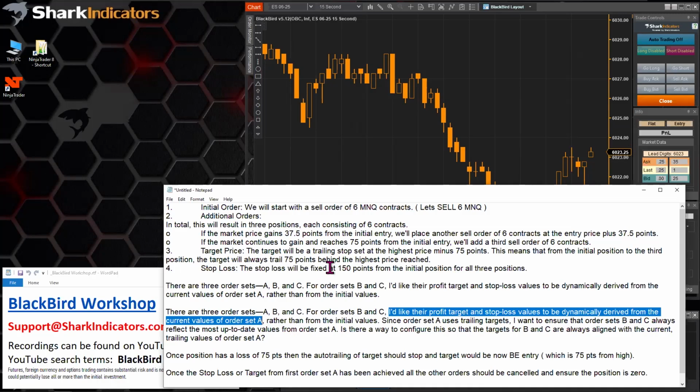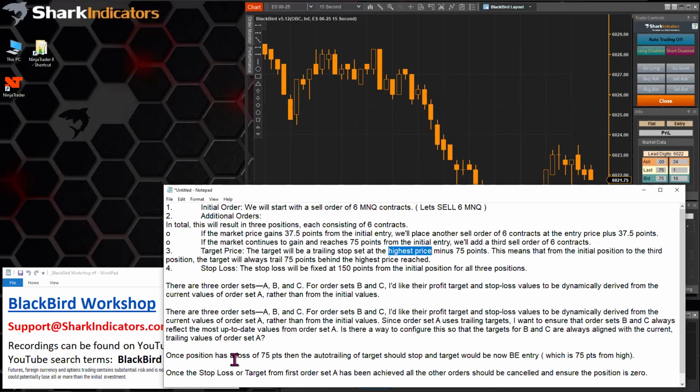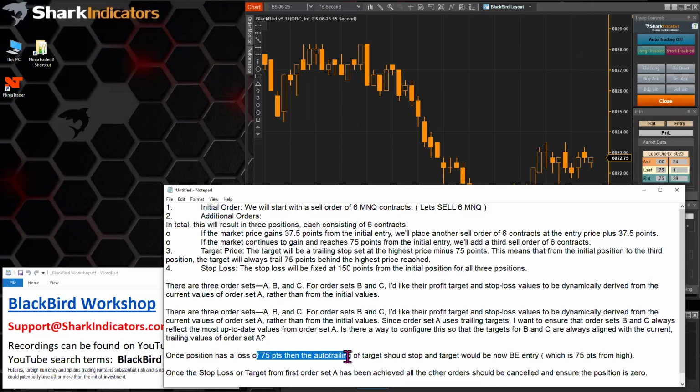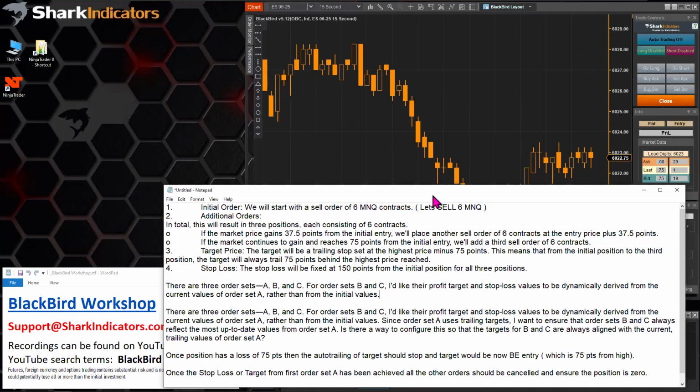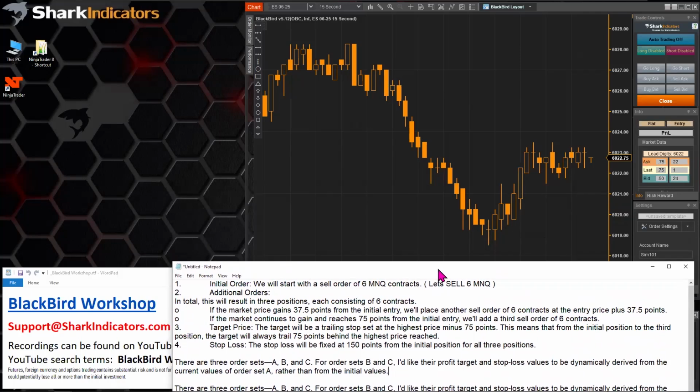Since the targets are all based off of price, they're all going to be automatically synchronized. And we do have one more trailing rule here. The profit target is going to reach a maximum pullback based on price movement. Okay, so with this, let's start putting this together.